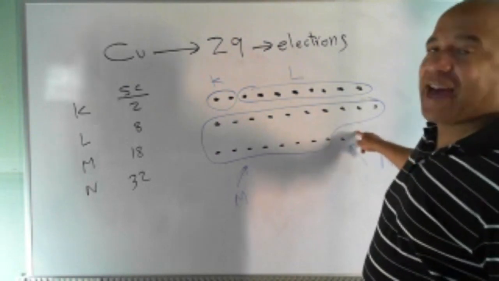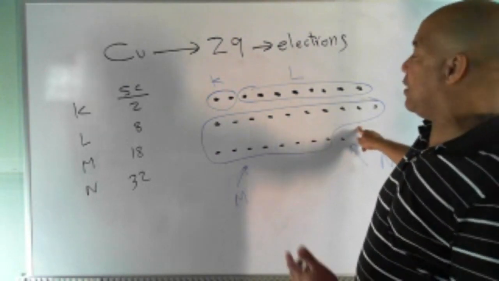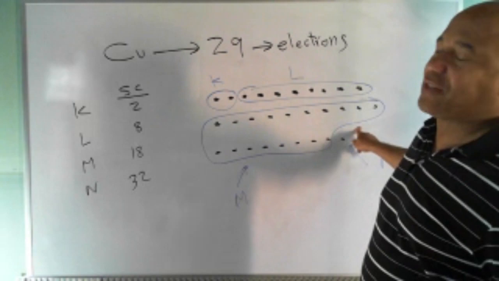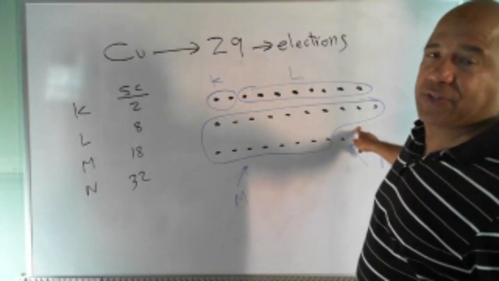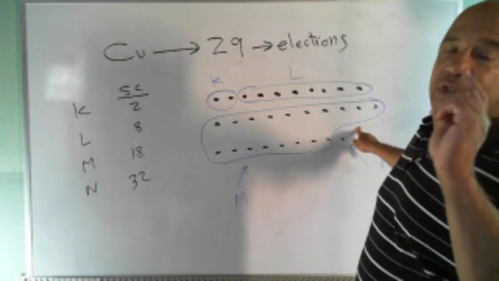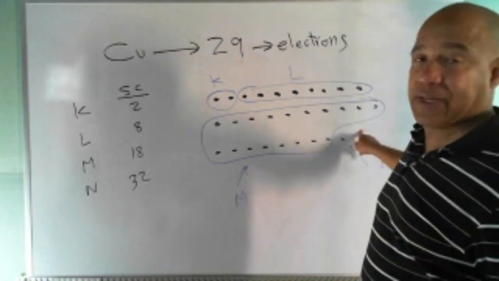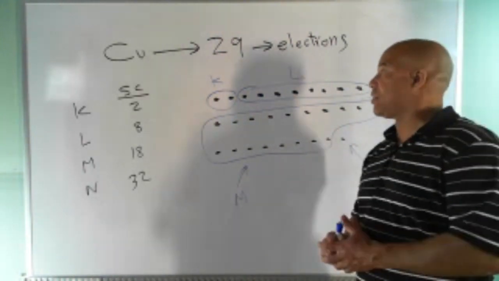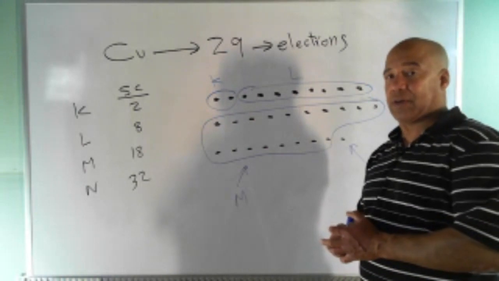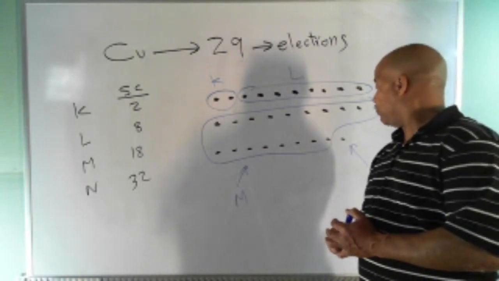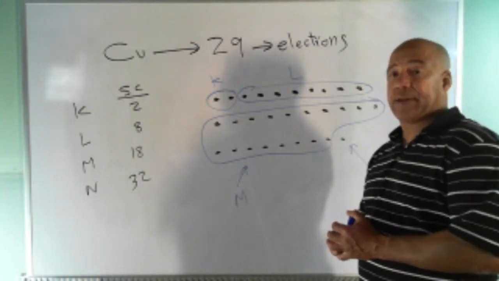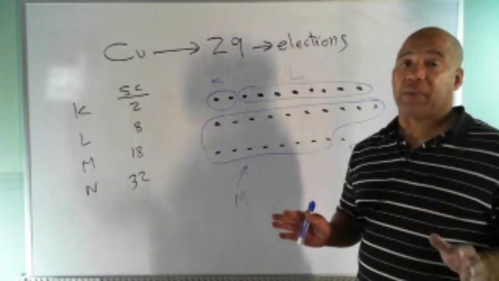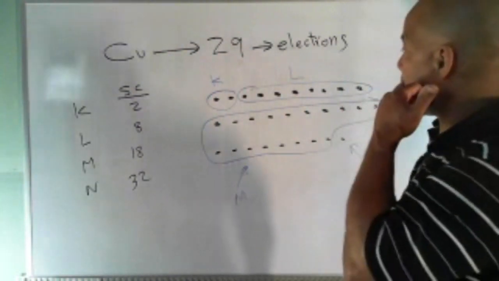If there had been 5, 6, 7, or 8, then this would be an insulator. This is how you'll determine whether an atom is a conductor, semiconductor, or insulator.